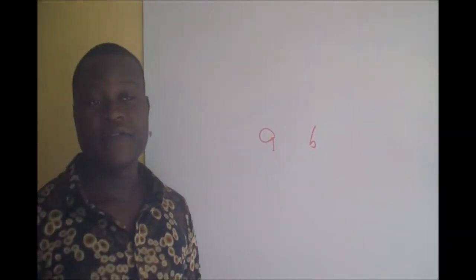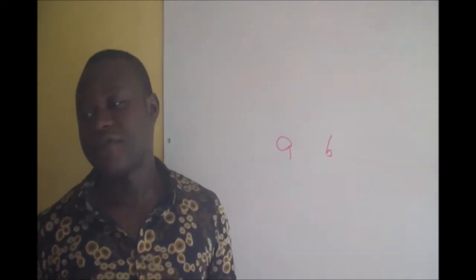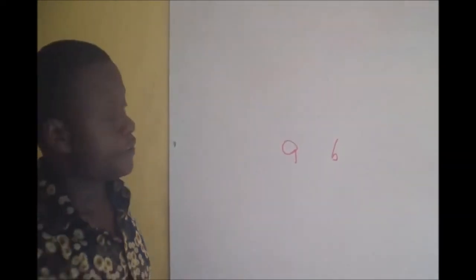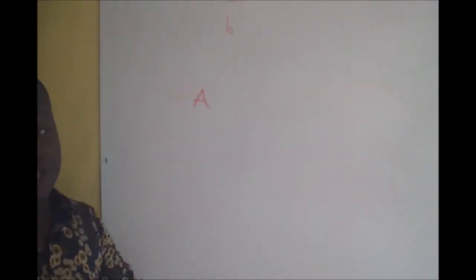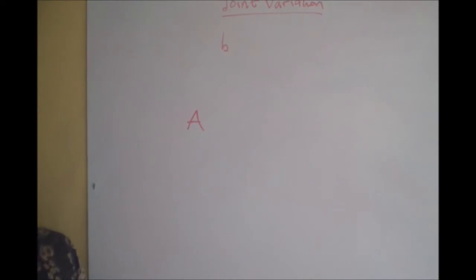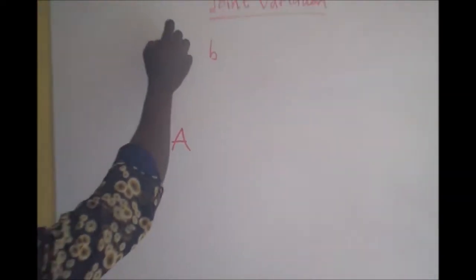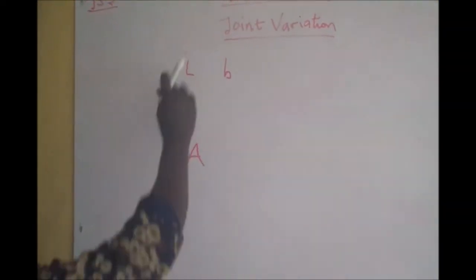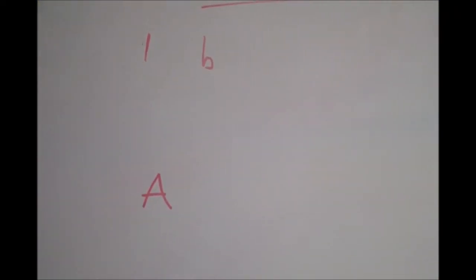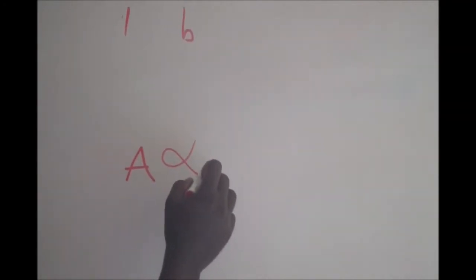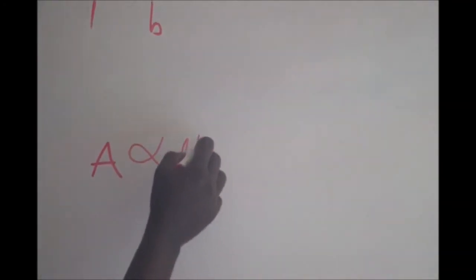So if the area of a rectangle is capital A, its breadth is denoted by small letter b, and the length is denoted by small letter L, we say that the area of that rectangle varies jointly as the length and breadth.